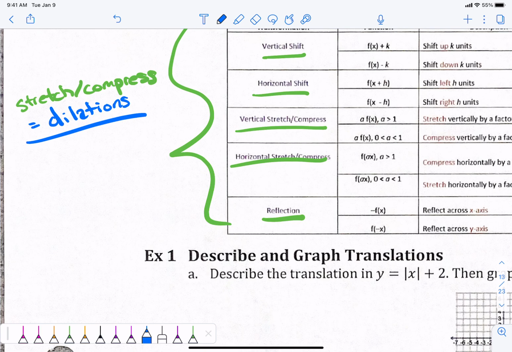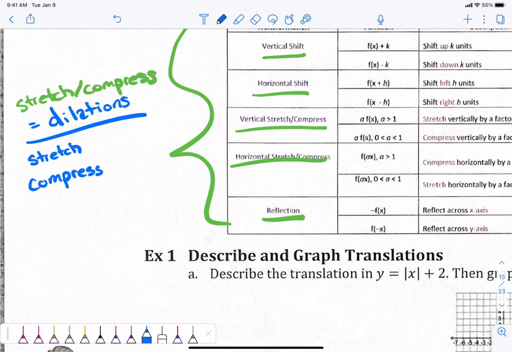Now, how do you know whether it's a stretch versus a compression? Stretch is making it taller or wider, right? Compress is making it skinnier or shorter, right? But numerically, what will the numbers look like if it's a stretch? What will the numbers look like if it's a compression? Bigger numbers. Like if I just think about your height.